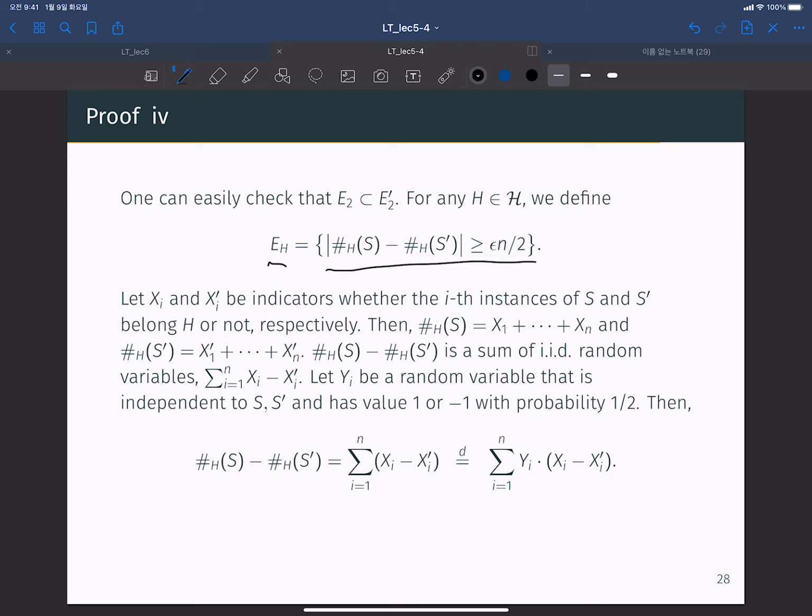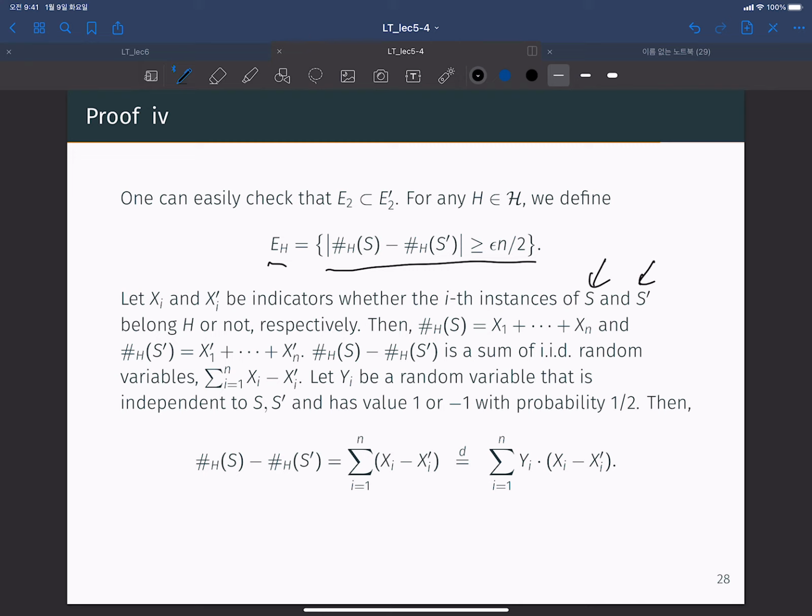Okay, and then we will apply the union bound using the cardinality of the hypothesis set defined on the 2n sample points of the training data, S and S prime. And the VC dimension will upper bound the cardinality of the hypothesis set. So let xi and xi prime be indicators of whether the ith instance of S and S prime is positive.